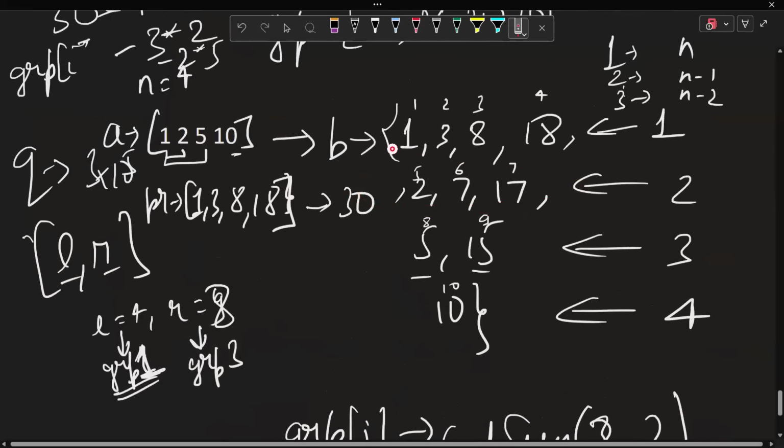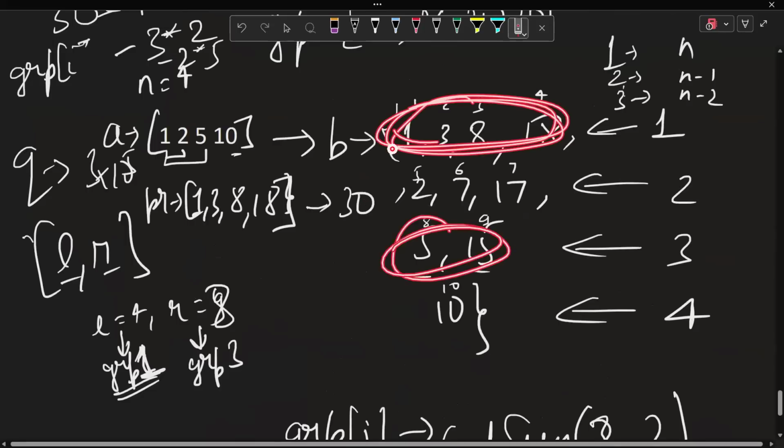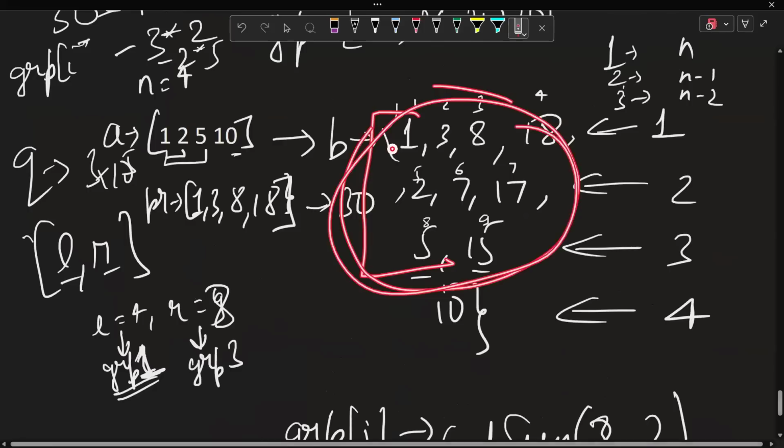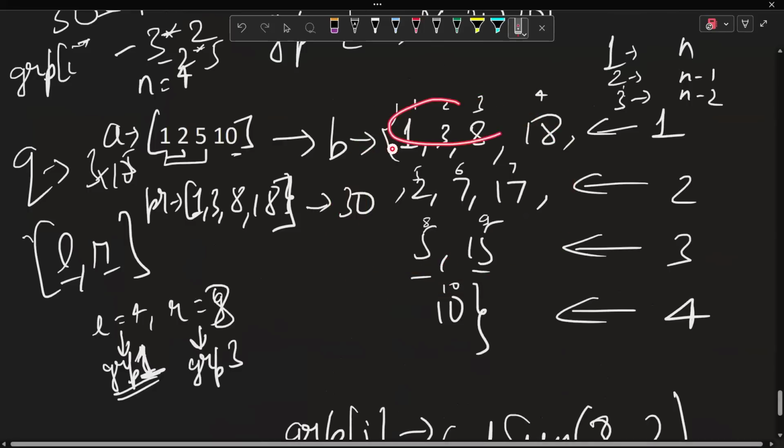Now, how do we calculate these partial things? What I would say is, if L belongs to some group I and R belongs to some group J, then take the complete sum for the whole group and subtract this extra thing. That is what I'm doing. So you know how to take the complete sum till here.